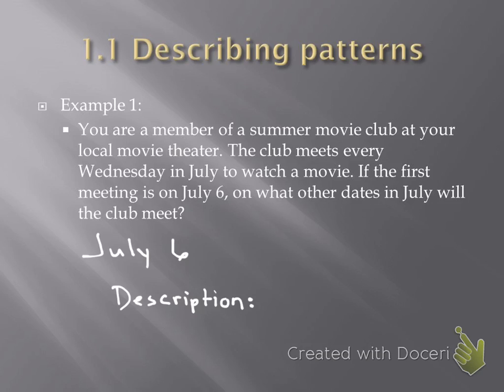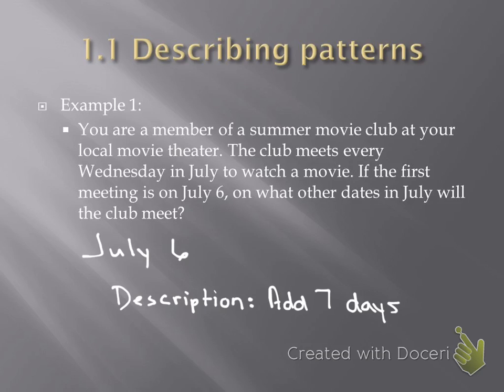Yeah, perfect. All right, so since there's how many days in a week, guys? 7 days in a week, I know that I'm going to add 7 to every one of these dates to figure out the next numbers in my pattern. All right, so the description of the pattern is going to be add 7 days.